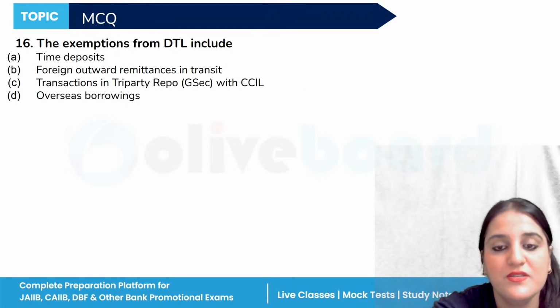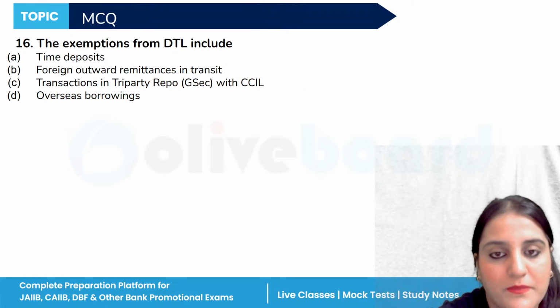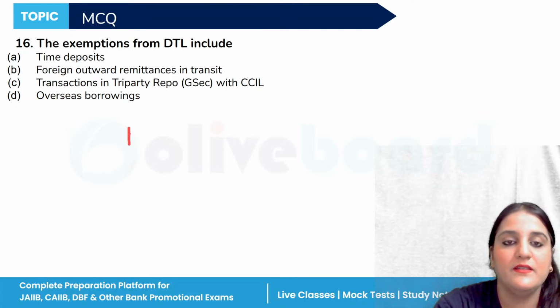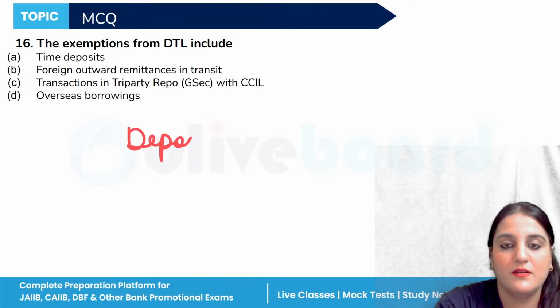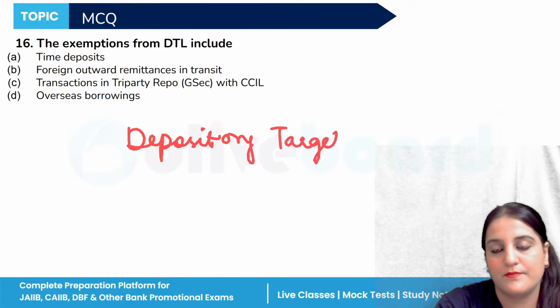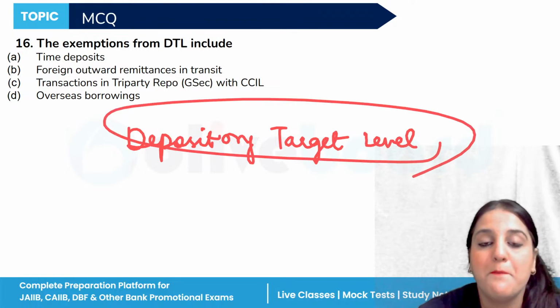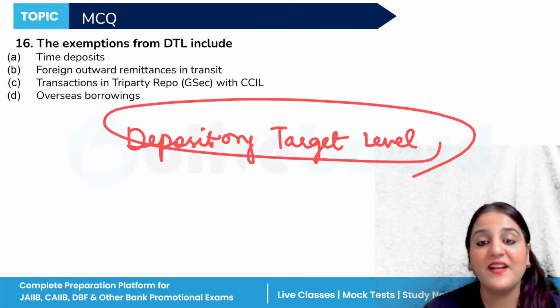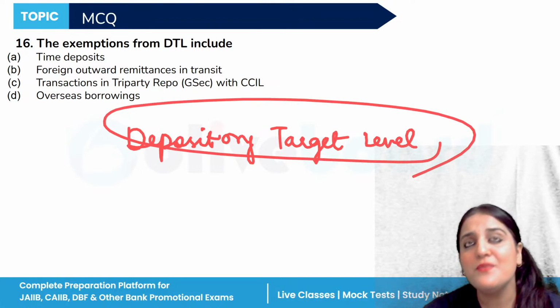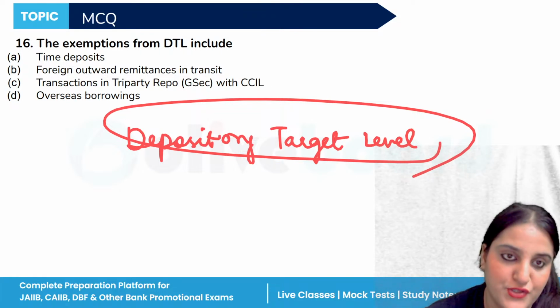Now the exemptions from the DTL include. DTL is depository target level. This is the regulatory measure that affects the liquidity and the availability of the funds for the banks and the financial institutions.